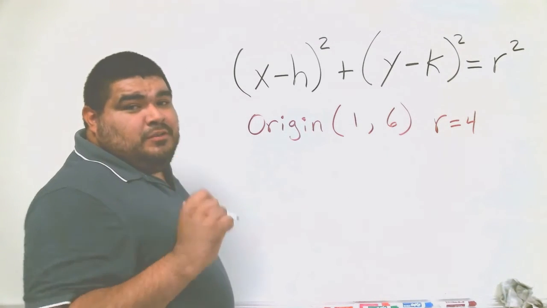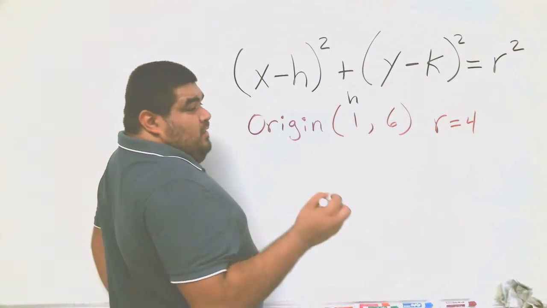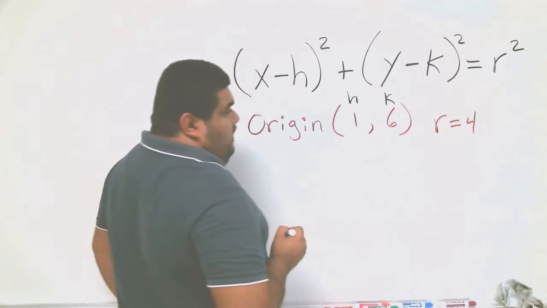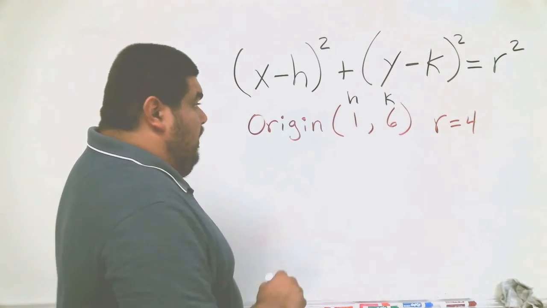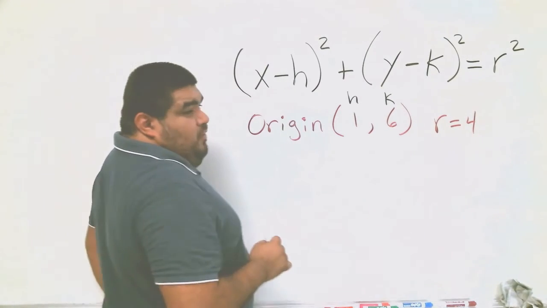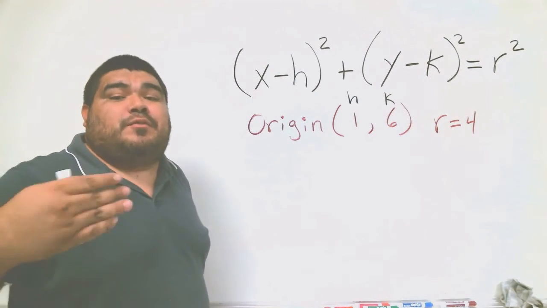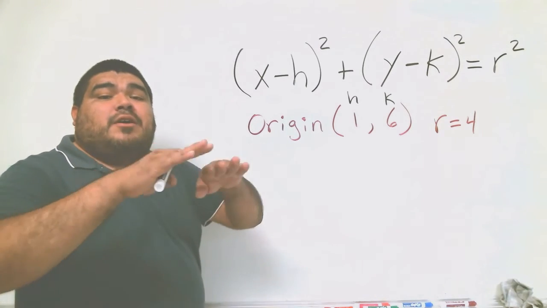Remember, the first one is always your h. Your second one is always your k. Okay? Like the alphabet, h comes before k. So now that we have a label, we already know that r is 4. We really don't have to label that because it's already labeled for us. All we have to do now is put it all together.